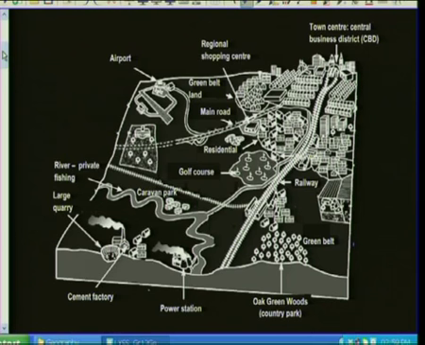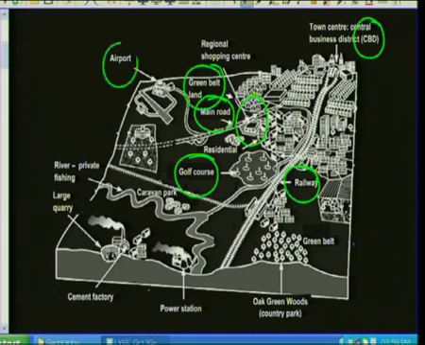So it's a good idea to take note of things like the CBD, a regional shopping centre, a green belt, a golf course, transport routes like the railway line and the main road, the airport.